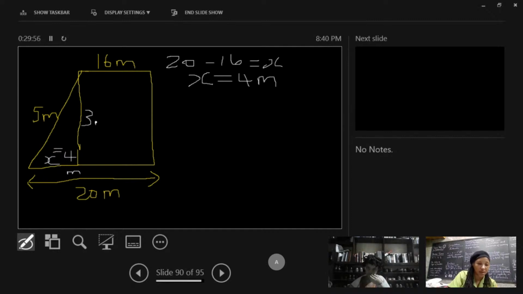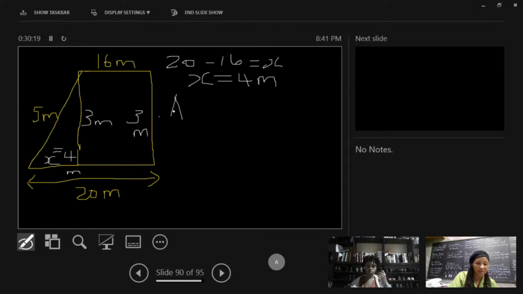Yes, miss. This is a 3, 4, 5 triangle because a squared plus b squared equals c squared: 9 plus 16 equals 25. So now we know the height is 3. All right, let's go.